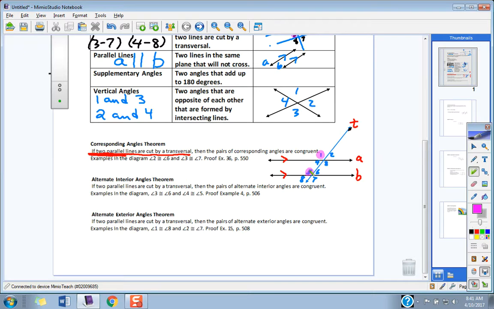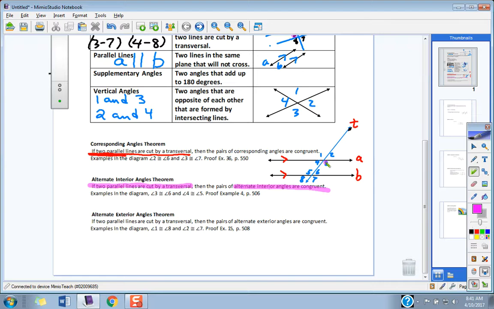It says, if two parallel lines again are cut by a transversal, then alternate interior angles are congruent. So in the example that I have right here, if I'm talking alternate interior angles, take a look at this. 3 would be alternate interior to what angle, kids? 3 would be alternate interior to what? 5.